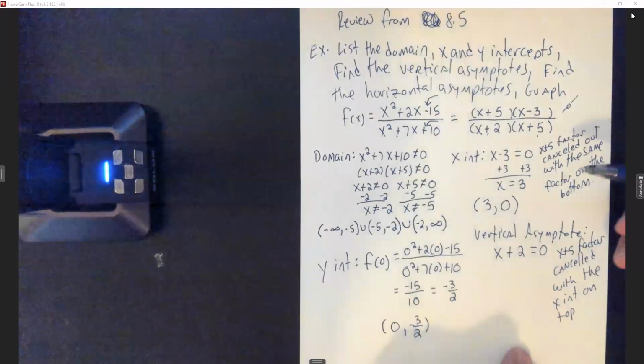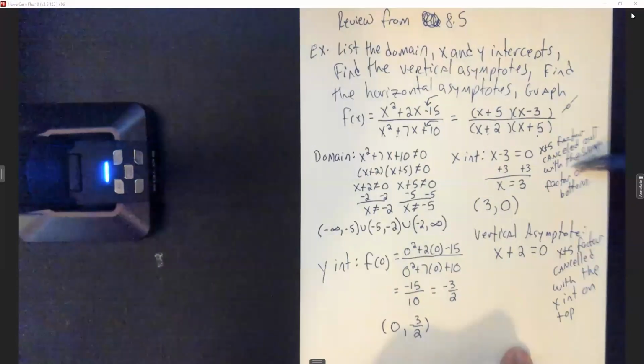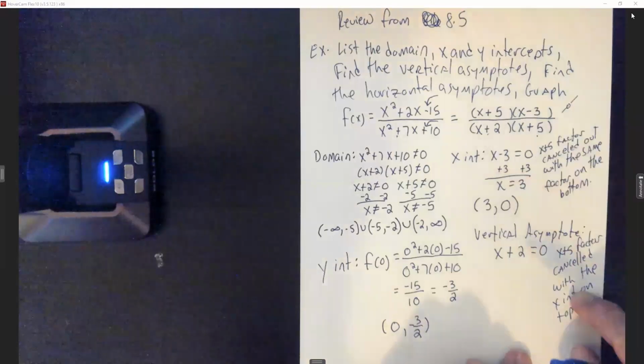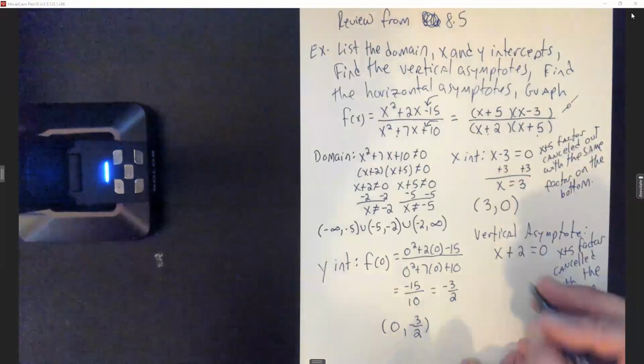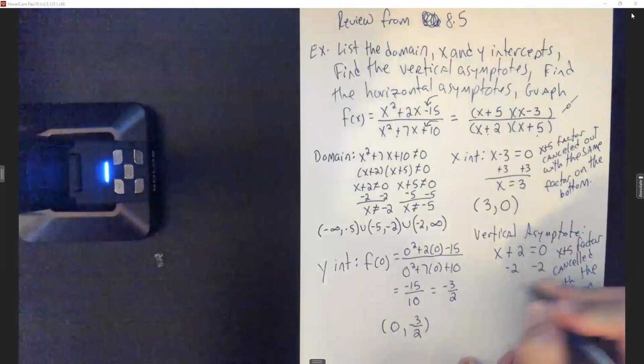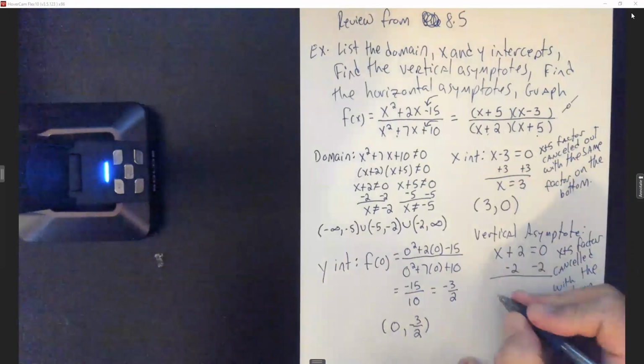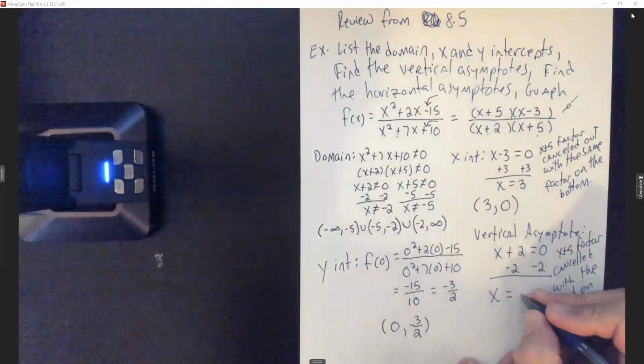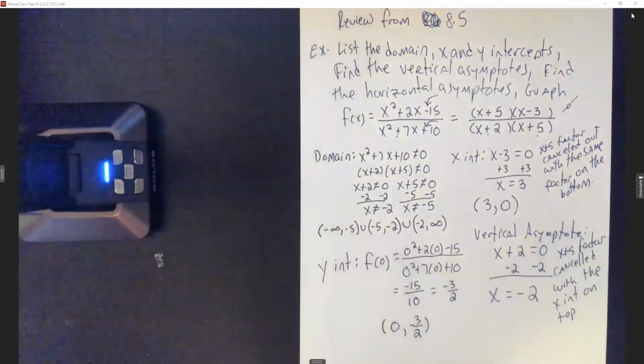So I just want y'all to remember, these two canceled each other out. It canceled out as the x-intercept, and it canceled out as the vertical asymptote. So I've only got one vertical asymptote, so let's solve that. My vertical asymptote would be the imaginary line x equals negative 2.